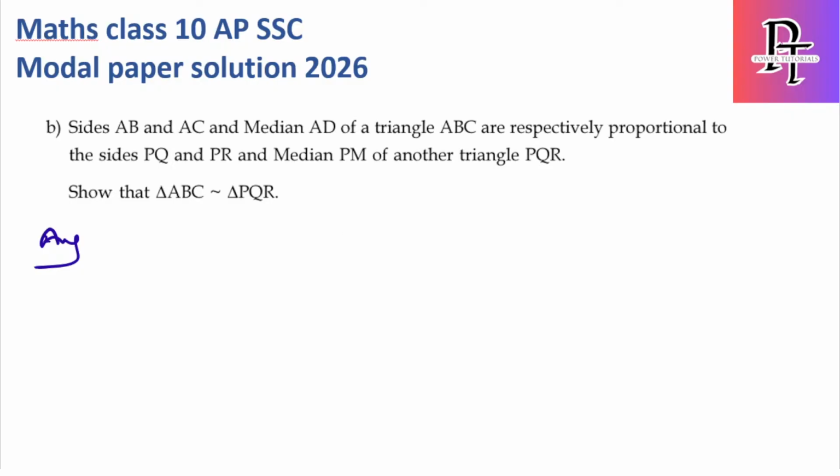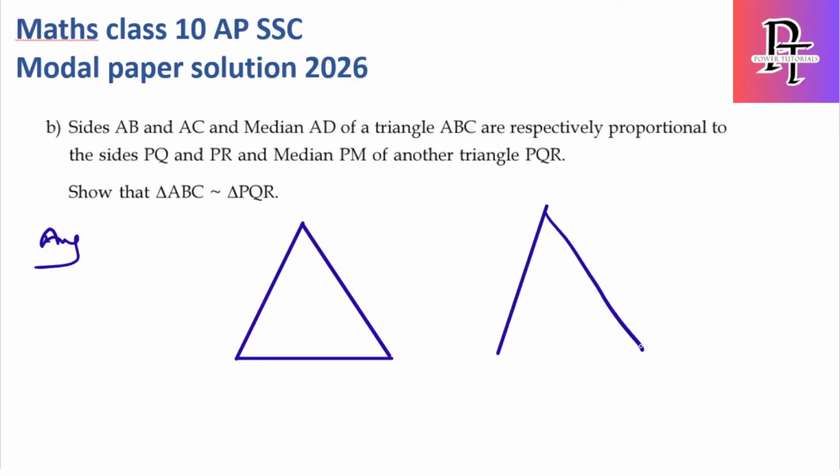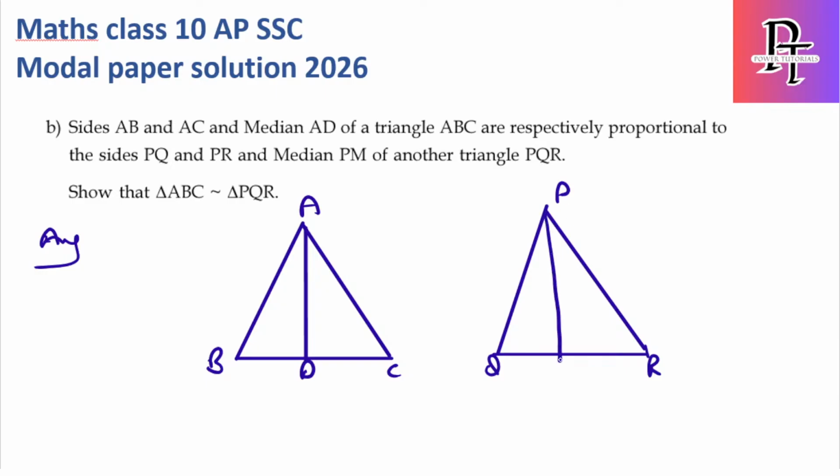So you have two triangles, ABC and PQR. We have a median AD, and we have another median PM. Okay, this is given.